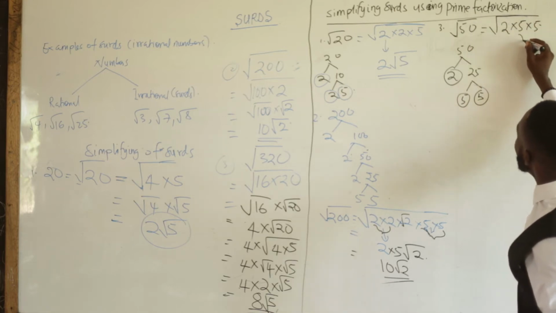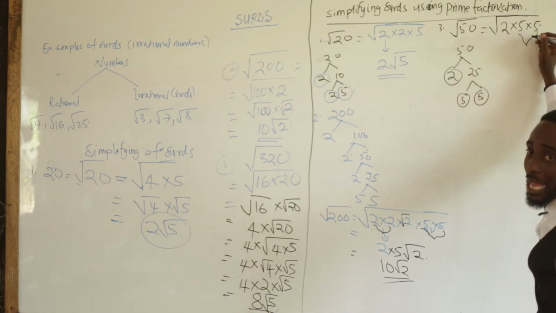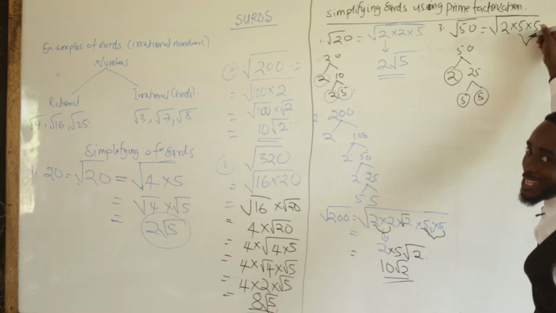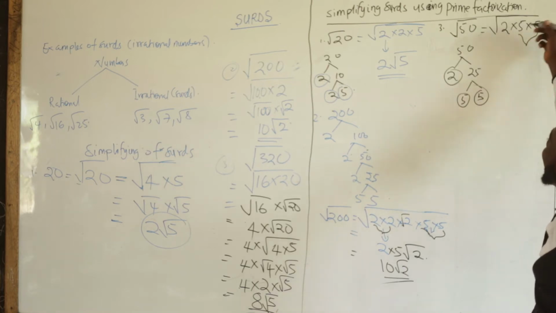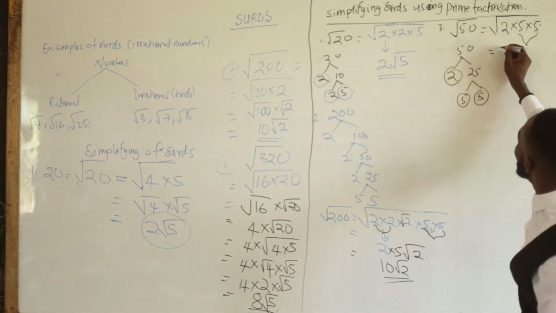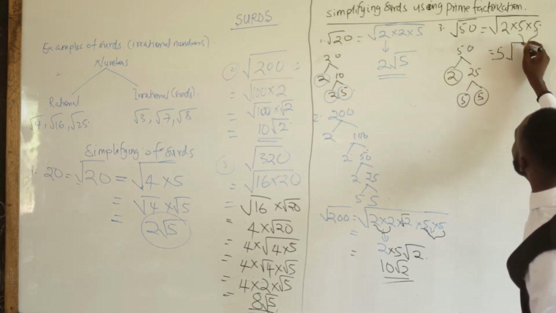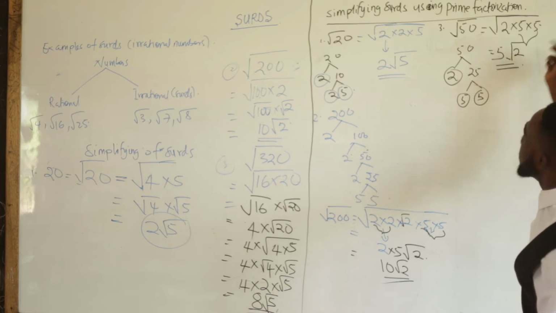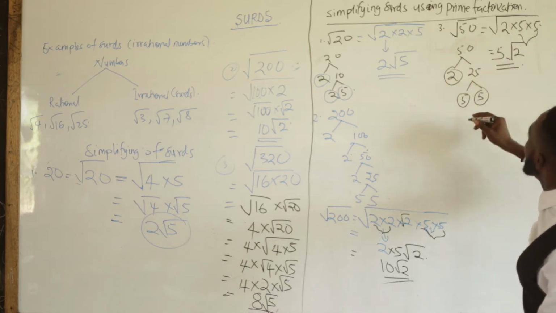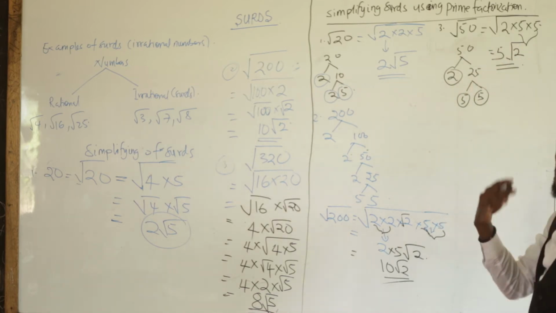And the only numbers twinning here are 5. Twin numbers are repeated as 1. So 5 root 2. So simple. So 5 root 2 is the simplest form of root of 50.